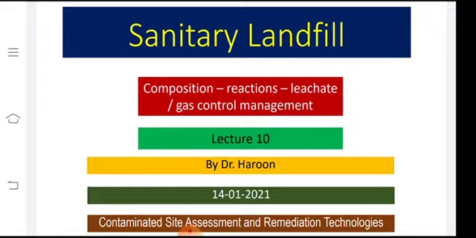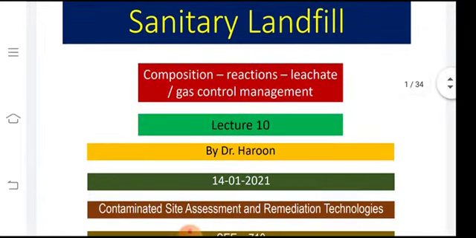In our last lecture we tried to find out what the requirements are for the layout and design of a sanitary landfill. Today we will have a look at what kind of reactions are taking place within the landfill, what kind of monitoring is required, how we are going to control the gas emissions, and how we are going to collect the effluent, leachate.